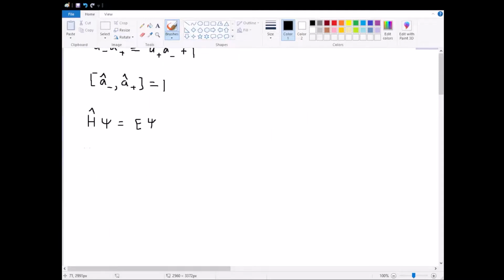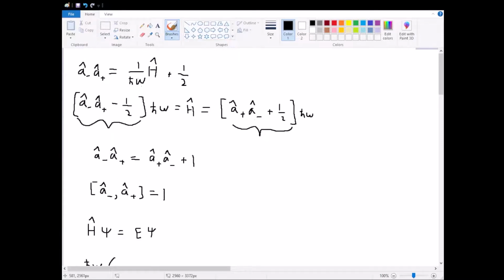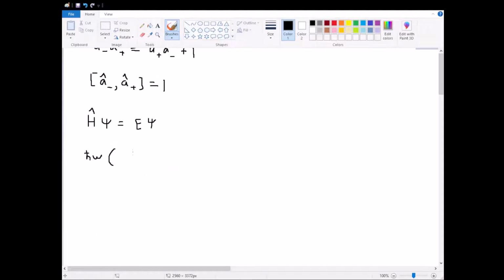The h bar omega comes down as normal. And then we have a hat plus or minus times a hat minus or plus, and then plus or minus 1/2, times psi, is in fact equal to e times psi.